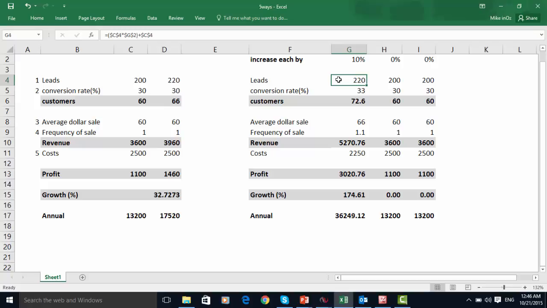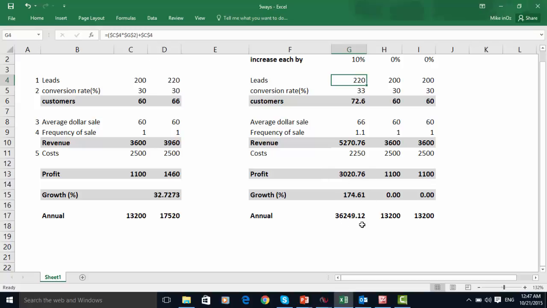Our average dollar sale, of course, goes up as well, as does our frequency of sale, and our costs reduce by 10%. So our bottom line numbers: 72.6 customers generates $5,270 of work, and with our reduction in costs, a profit of 3 times that of our original amount, i.e. $3,020. A growth on our original column C of 174%.